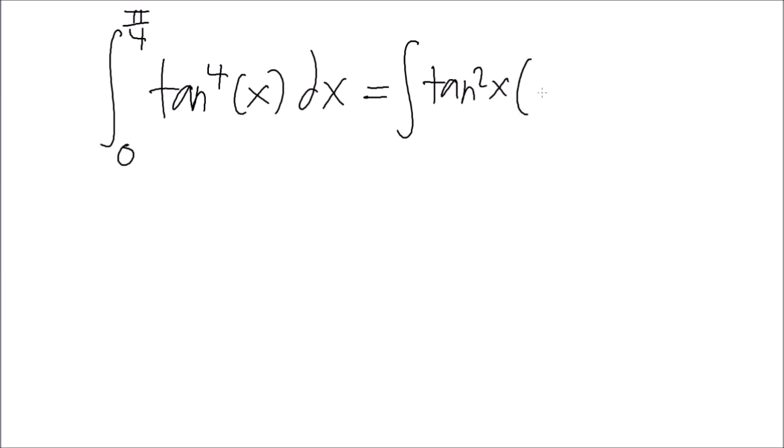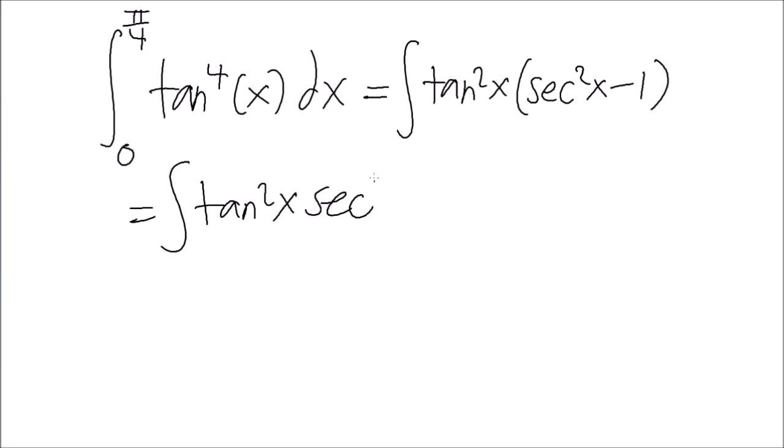Then the other tangent square becomes secant square minus 1, right? So now what we have here is tangent square secant square minus tangent square, right? This here, this is just a u substitution. So let u equal tangent x, and then your du is secant square.